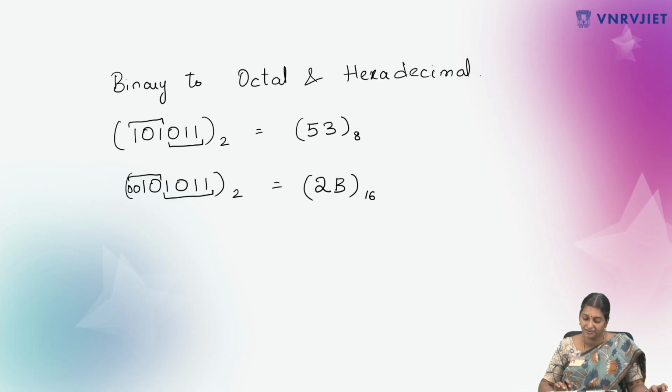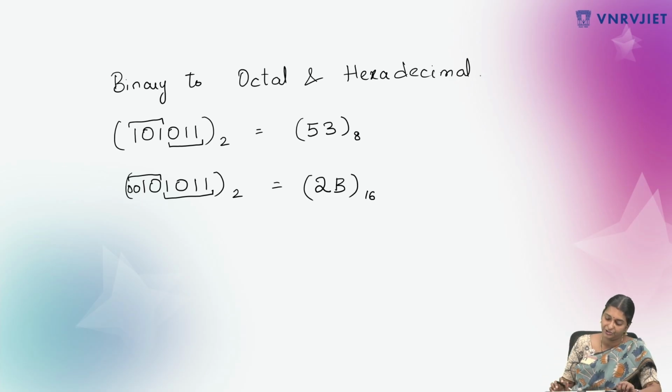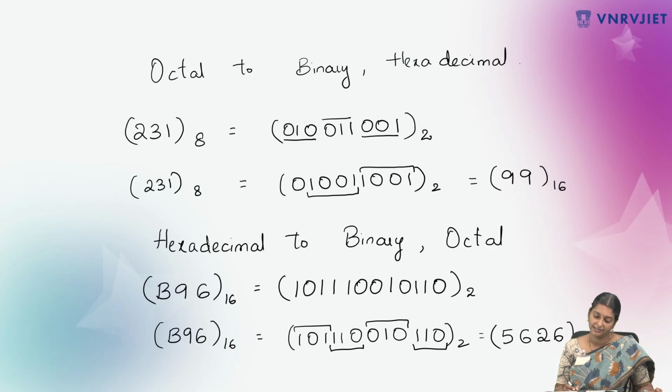So that is a total of 6 conversions here. Then binary to octal and hexadecimal: we group 3 digits as an entity, because octal means 8, which is nothing but 2 power 3, and we write its equivalent octal digit. For hexadecimal, we take 4 digits as an entity and write its equivalent hexadecimal digit.